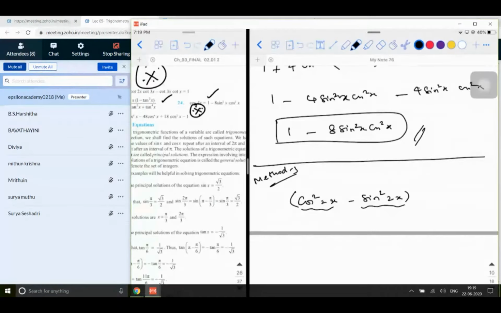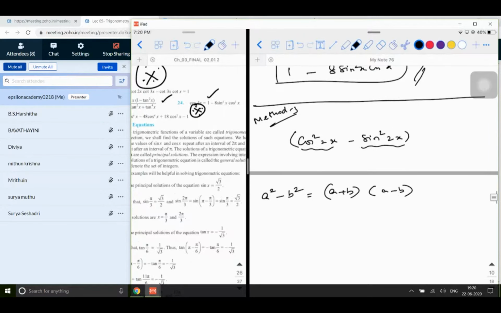When I have a square minus b square, I can write it as a plus b into a minus b.